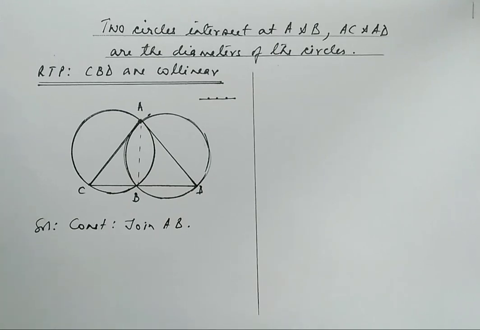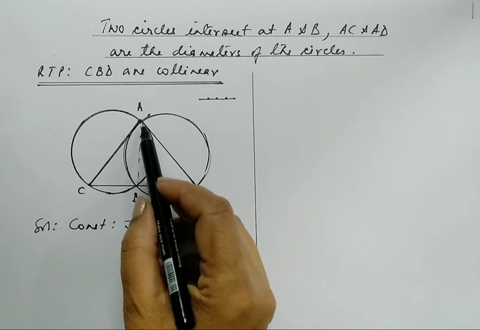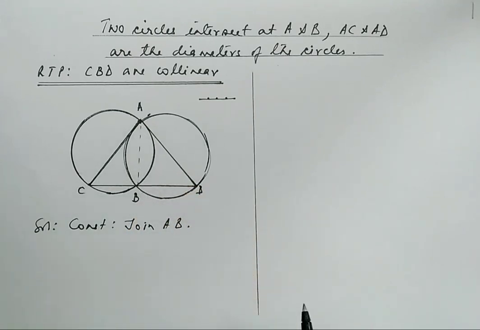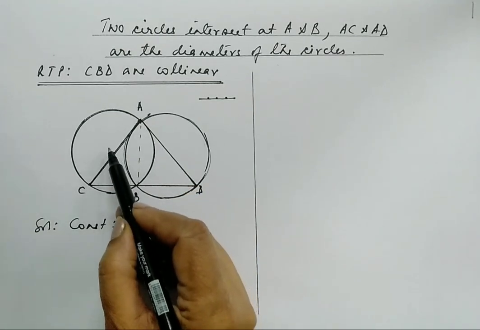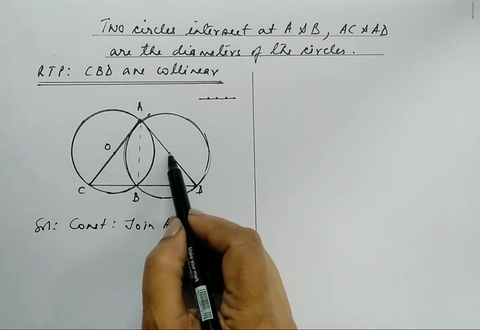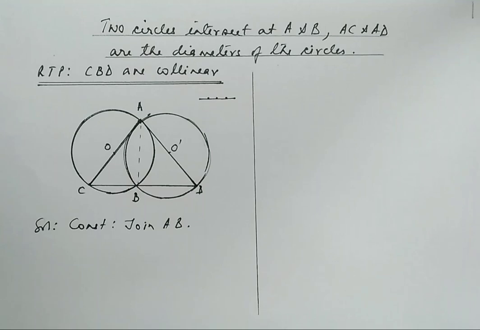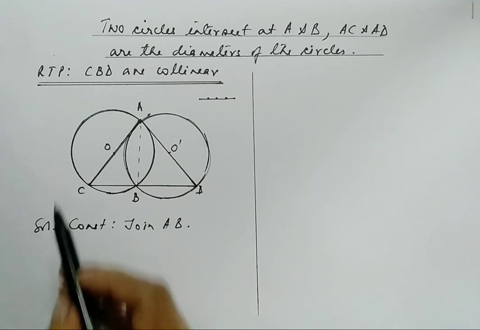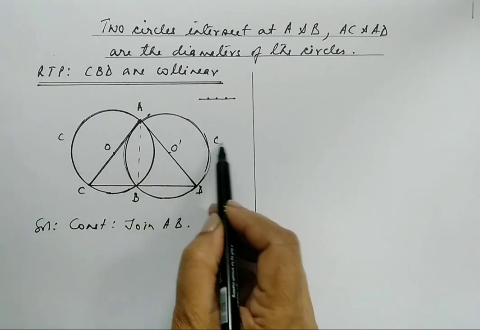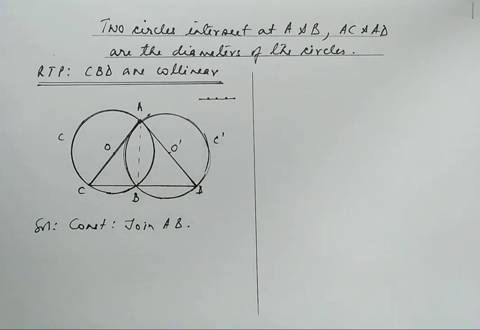So, why do we do so? Why do we join AB? Because if this was supposed to be the center, say O, and let this be O dash, correct? Now this is circle 1 and this is circle 2. Let this be circle C dash.